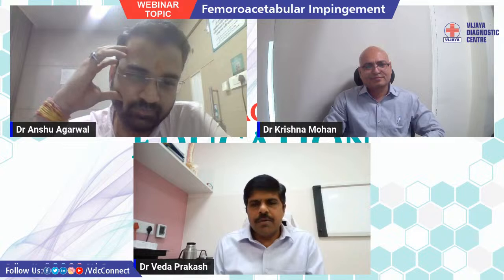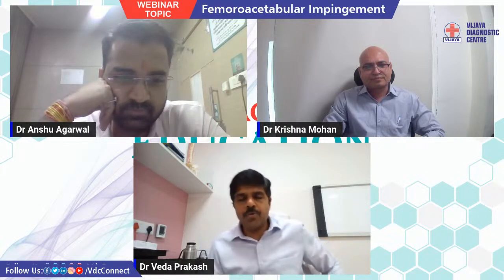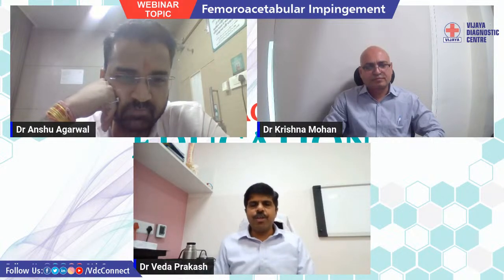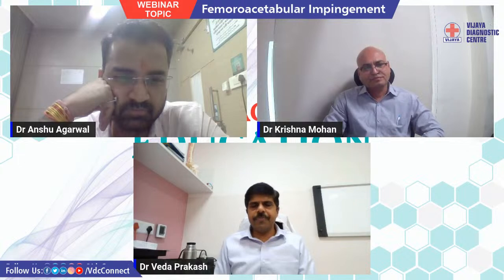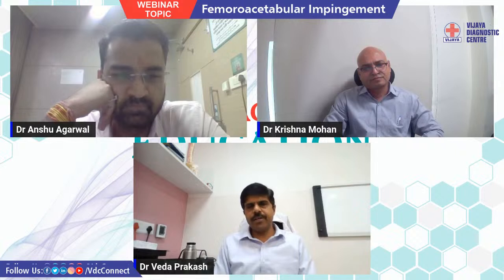So certainly there was huge enthusiasm in the earlier days, thinking that the majority of patients who have cams and pincers will develop arthritis in the future. Especially given that in Western society the osteoarthritis prevalence in the hip and knee is entirely different from what is happening in Asian people.